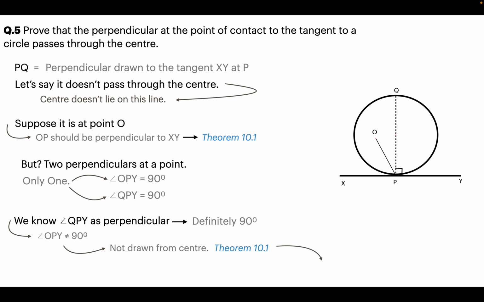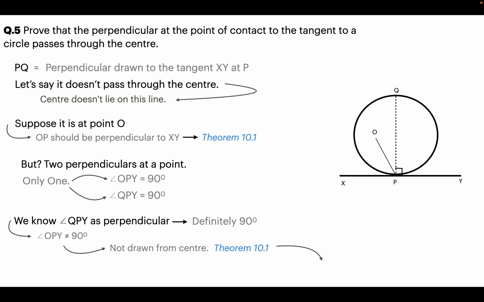So if you want OP to be through the center, then it has to make a 90-degree angle at point P. And we know that at point P, or at any point, no two lines can make the same angle. And we already know that QPY is the perpendicular here, or is the 90-degree angle here.